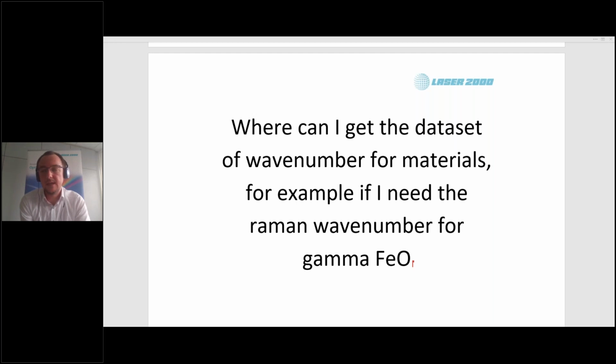One of the sites I would recommend for first research is rruff.info. Maybe we can put this somewhere, or I will give you an email back. But rruff.info can give the chemical composition, and then you will normally get a lot of Raman spectra.